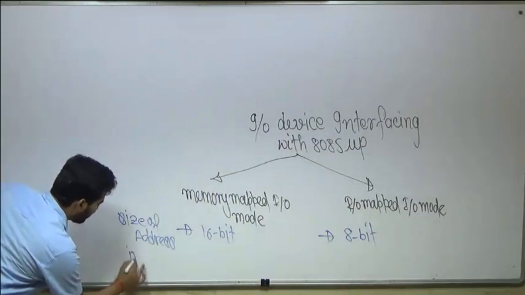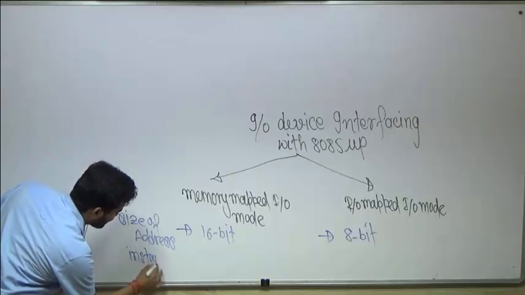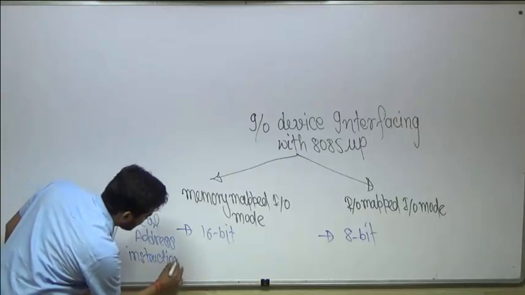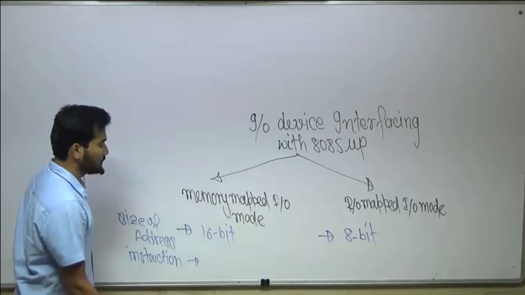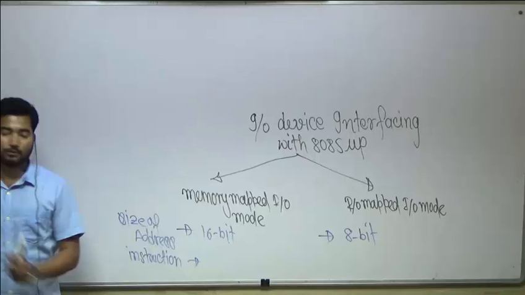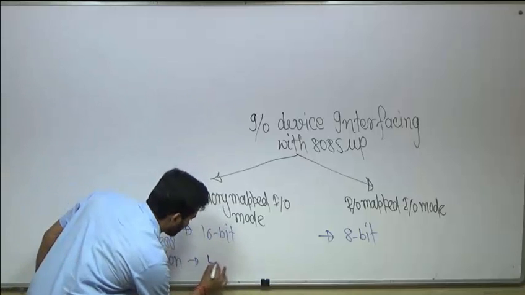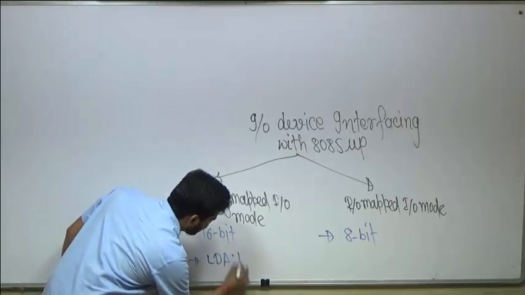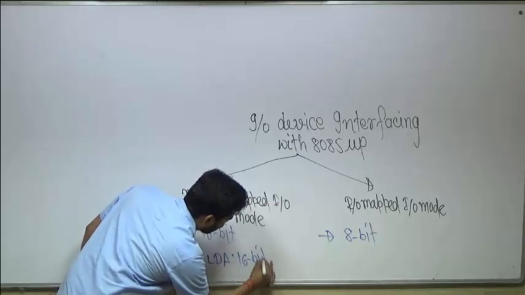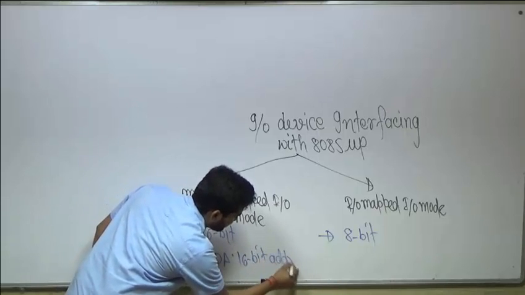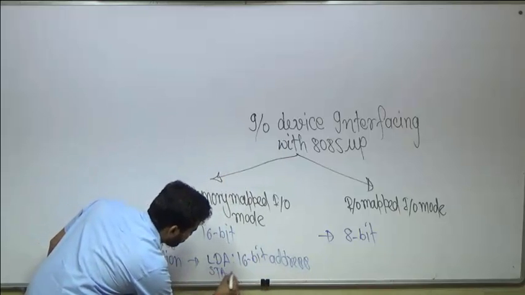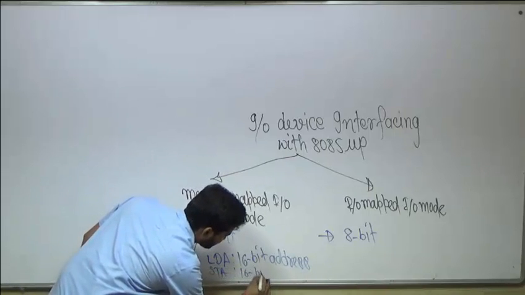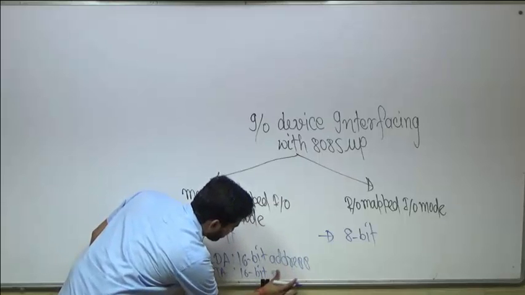Second, some instructions are dedicated or used in a particular mode. In memory mapped IO mode, the instructions we use for these input-output devices are load accumulator 16-bit address and store accumulator 16-bit address.